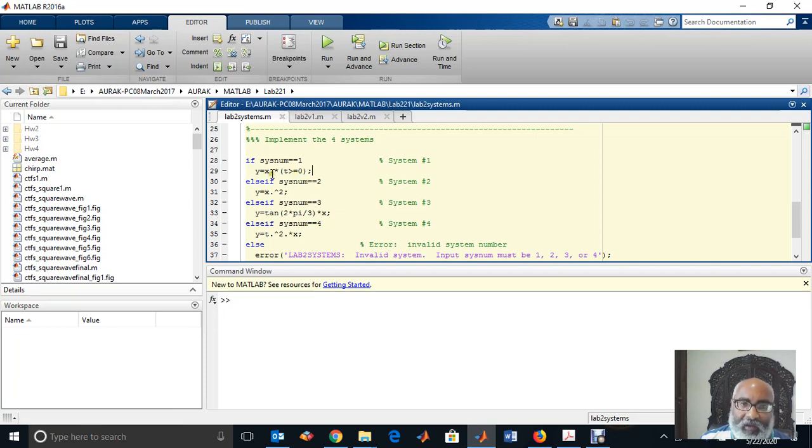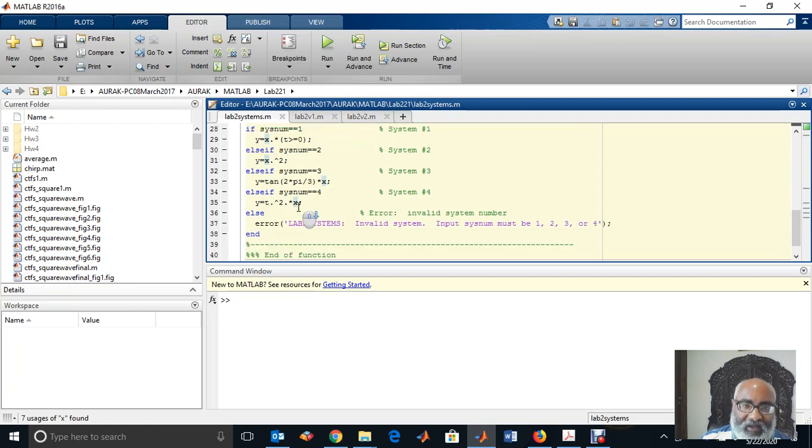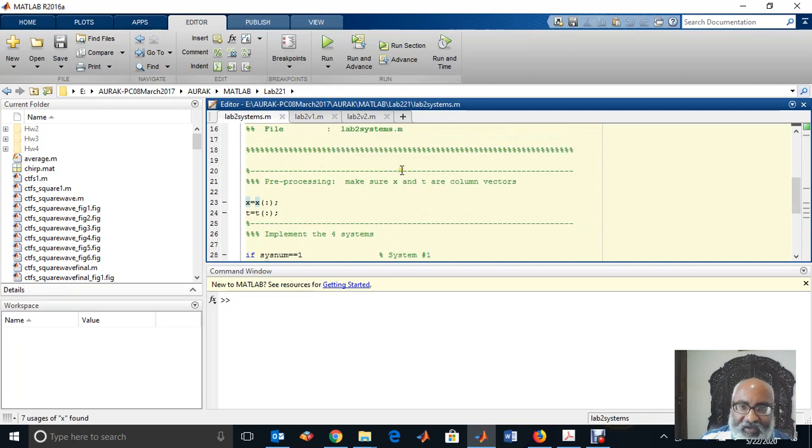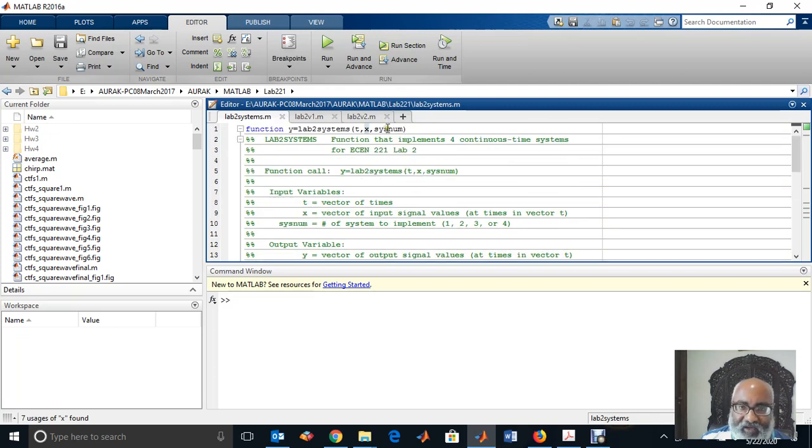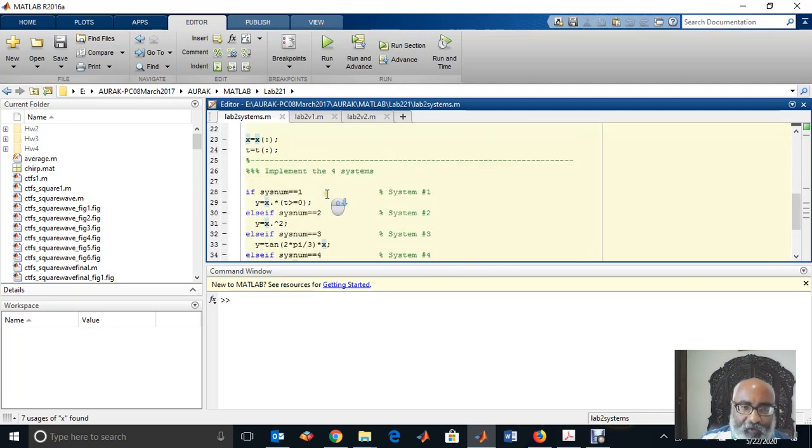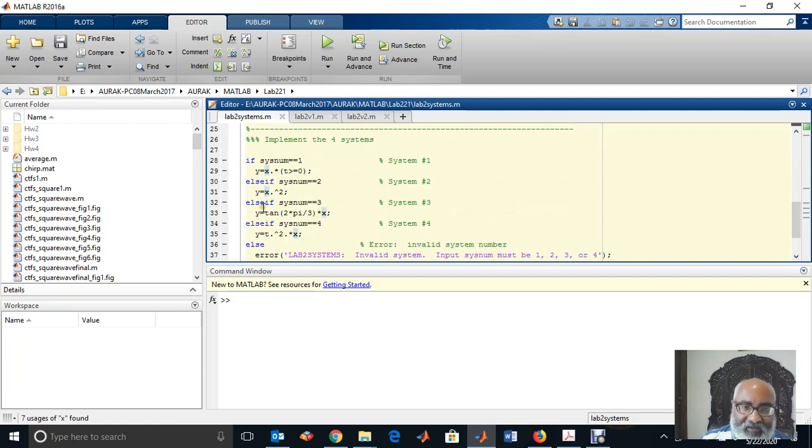Okay, so I did this example already. And else, if it is system 2, you have this expression and you have to find the mathematical expression for this. Else, if you put the system number 3, it will check here in the system number. If you put the system number 3, then the output y is this. That means this is the system output. If it is system number 4, the output y is equal to this one.